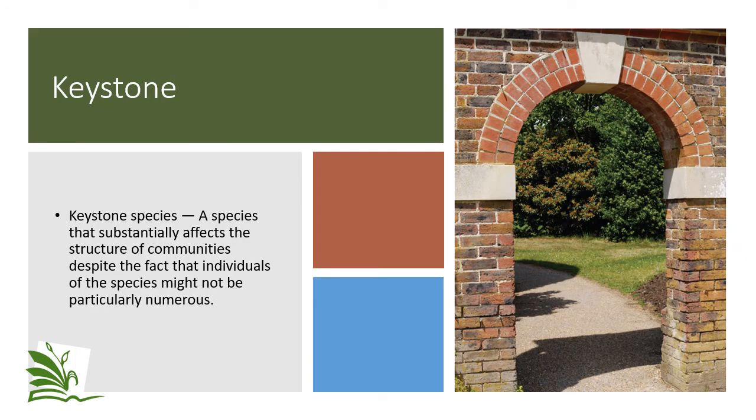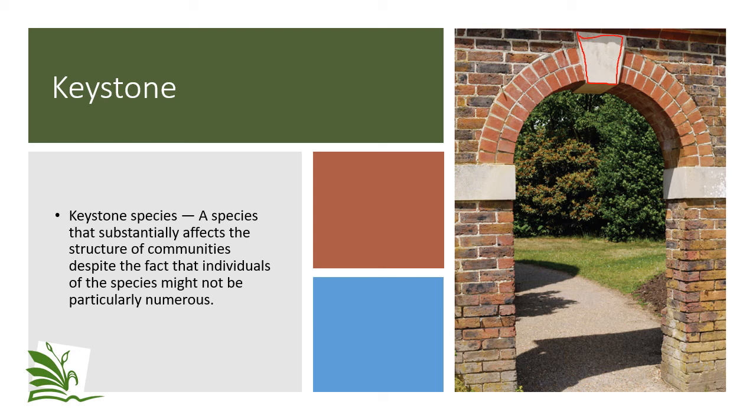All right, so another way that communities are influenced or form is around a keystone species. And before I go into what a keystone species is, I want to show you what a keystone is. So keystones exist as an architectural element in arches. And the keystone is the last stone placed. It's the stone at the top.